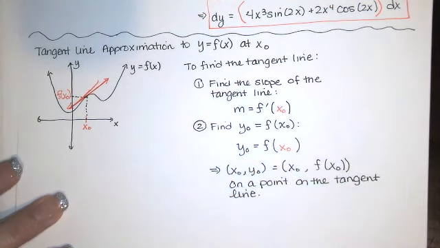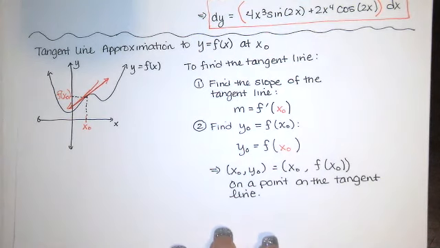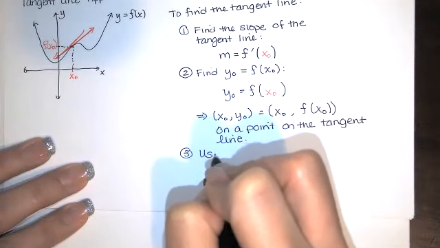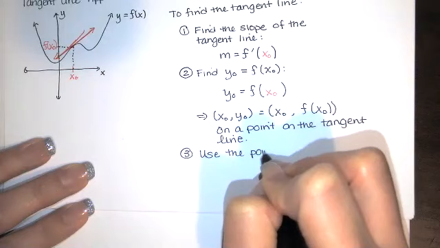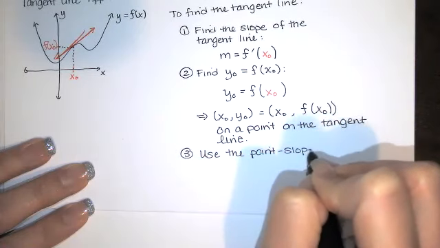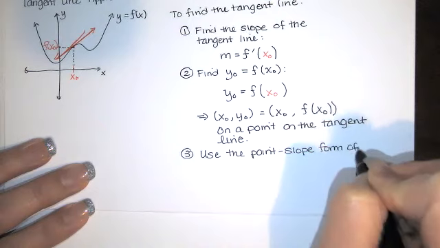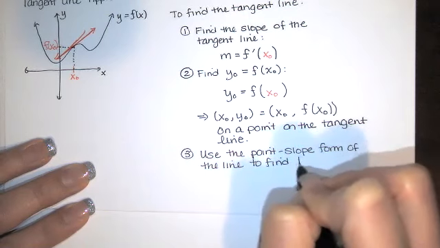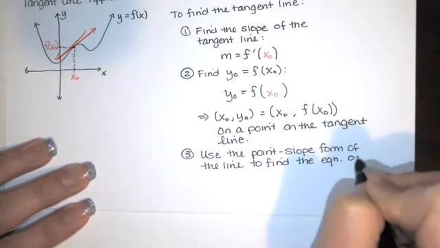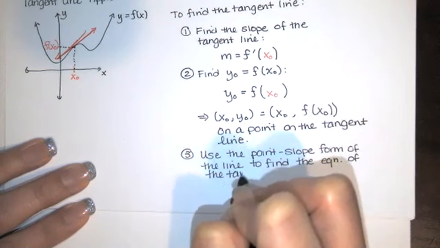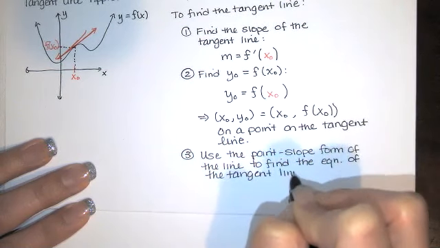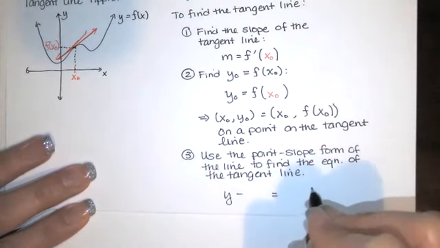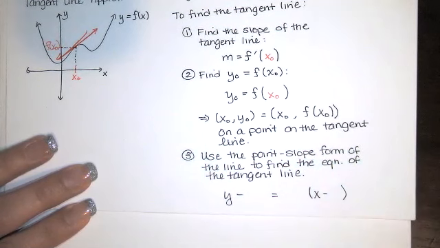Okay, and then we said if I've got a slope and I've got a point, I can use point slope form to write the equation of the tangent line. And remember, in point slope form, y is a variable and x is a variable, so you don't want to substitute those.